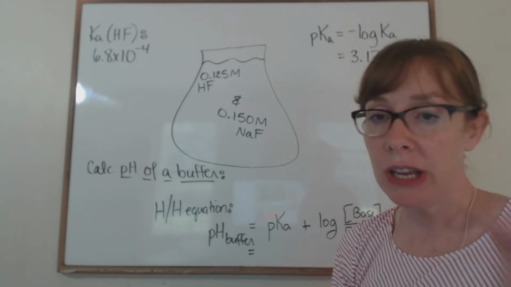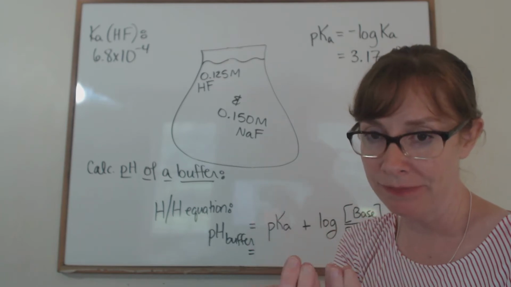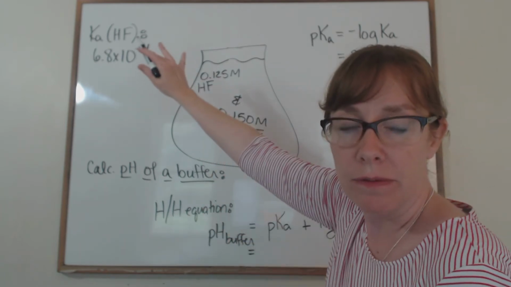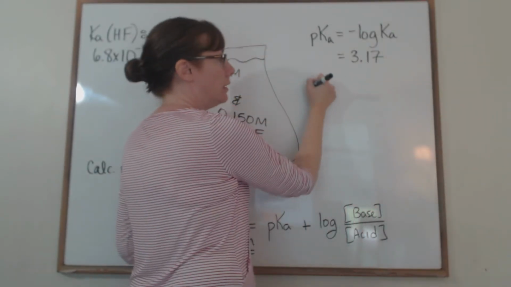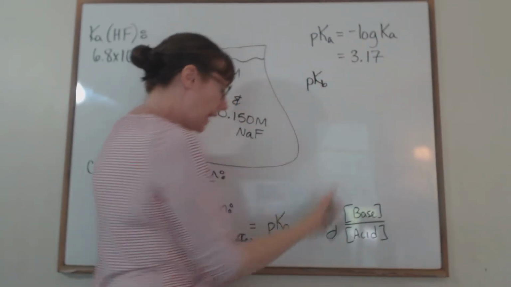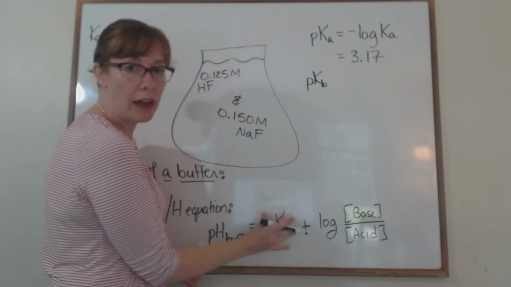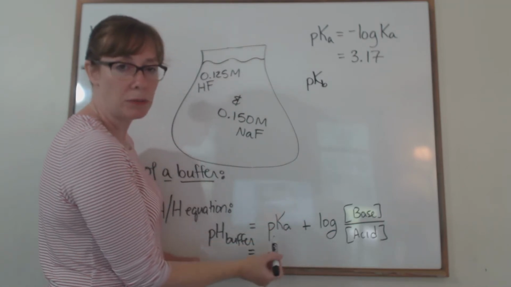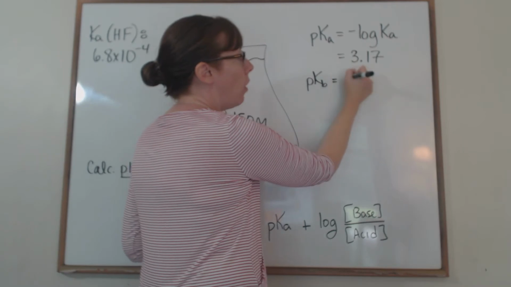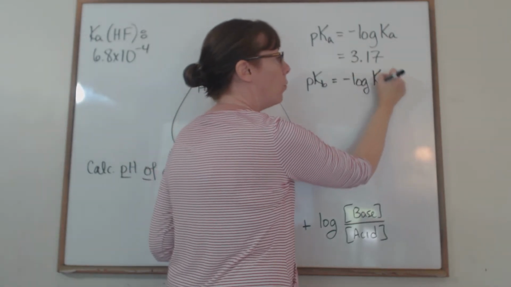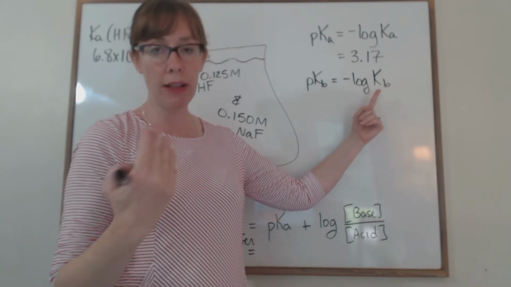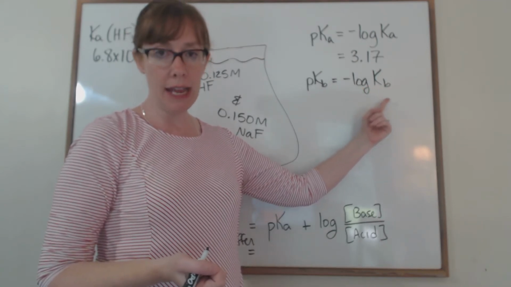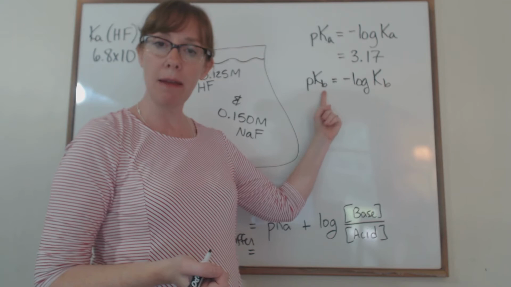Now, on occasion, they may give you a Kb instead of a Ka. Here's how you would have to handle that. You can't use pKb. You've got to use pKa. This is non-negotiable. But if all that they gave you was the Kb, because they might in the question, just take the negative log of it and get what's called pKb.